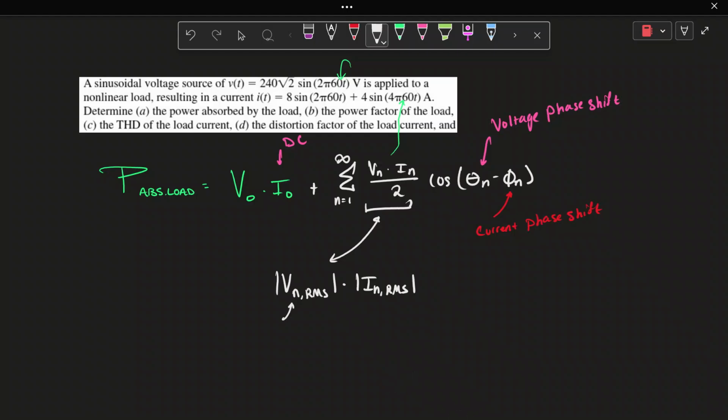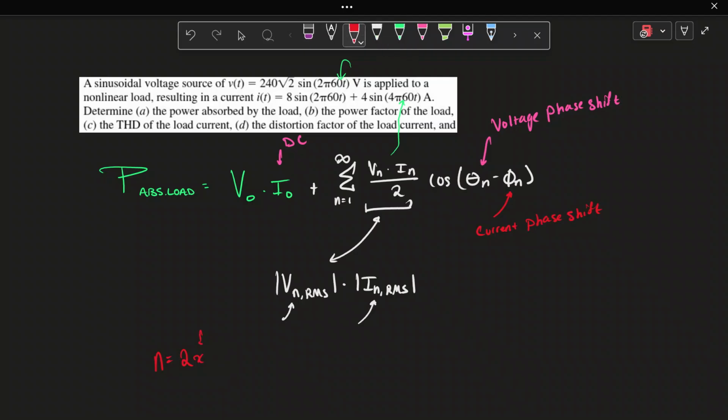N represents the harmonic number you're going for. So the fundamental frequency will be the first harmonic. Then, depending on the problem, n might go by even numbers, which would just be 2x.